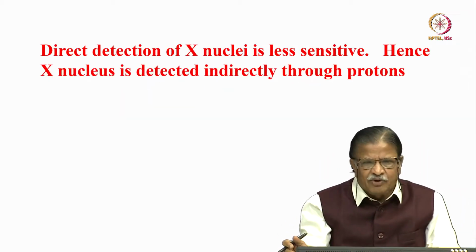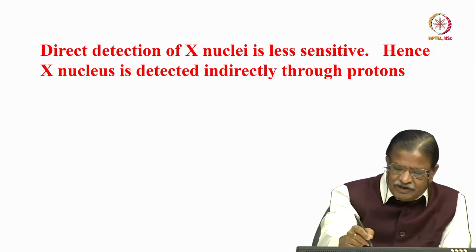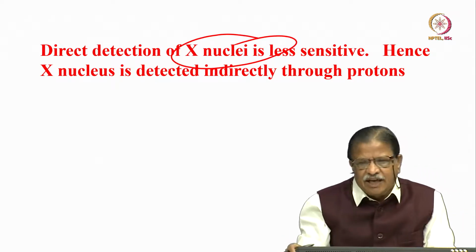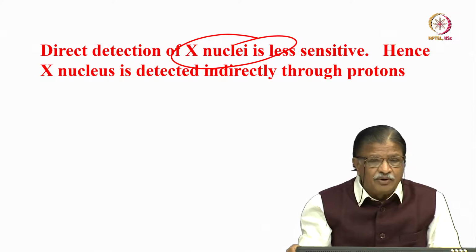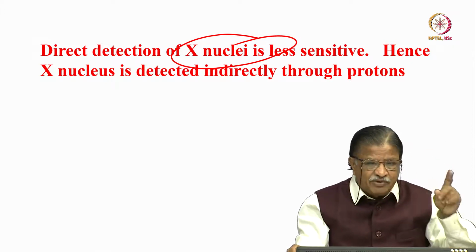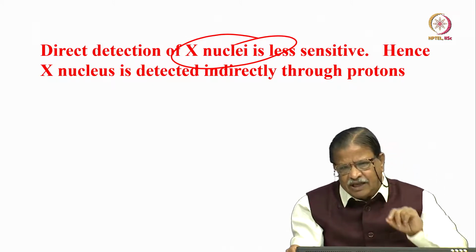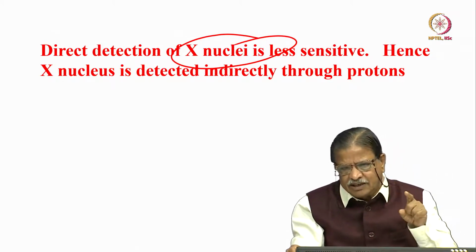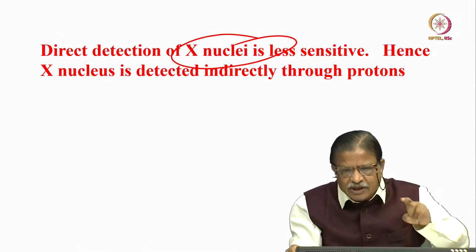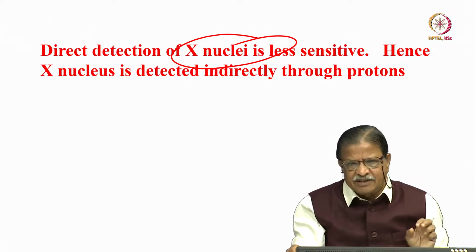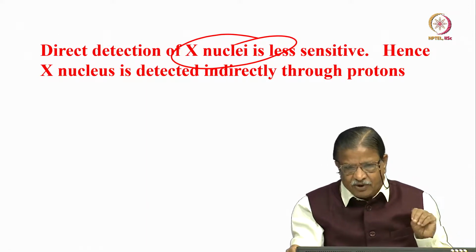What is inverse spectroscopy? Direct detection of X nuclei is less sensitive. Carbon-13, as I told you right from the first class, in the previous course and this course, has a sensitivity nearly 64 times smaller than that of proton. Taking into account the natural abundance, it is 6400 times less sensitive relative to proton.